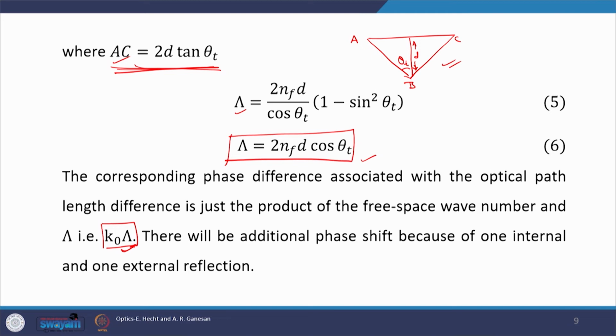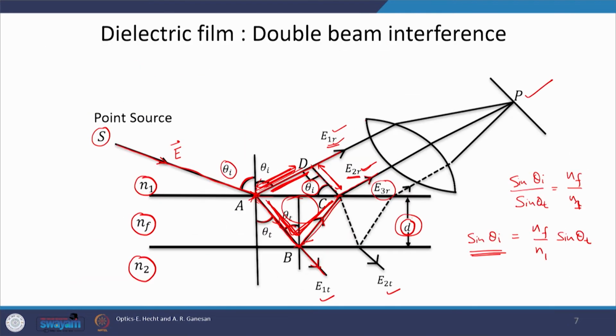But apart from this phase difference, there would be some additional contribution. What is that contribution? The additional contribution would be because of the different nature of reflection involved here. What are the different natures of reflection? Here one reflection is internal while the other is external. What is the difference? Now, you see here in this figure, the ray is falling at the first interface and then it is getting reflected.